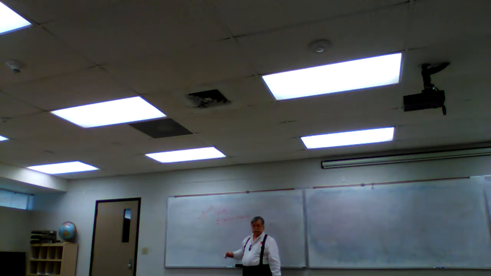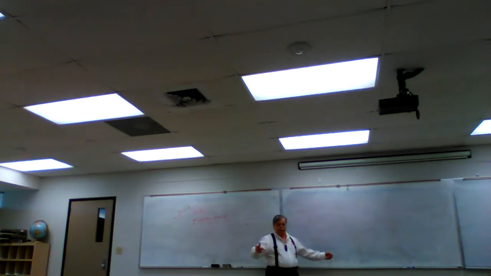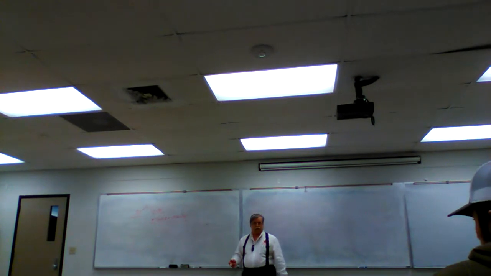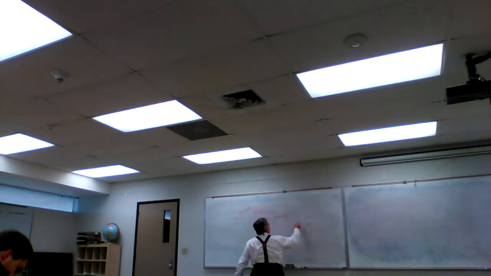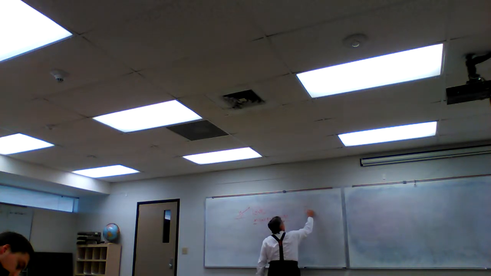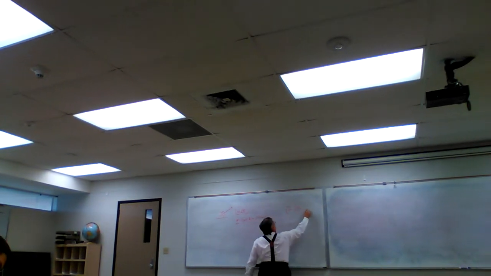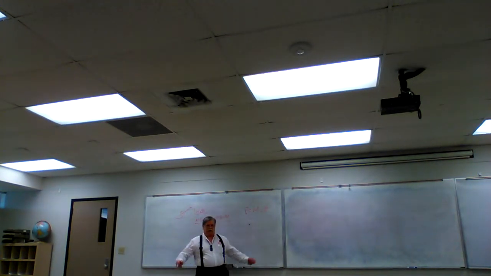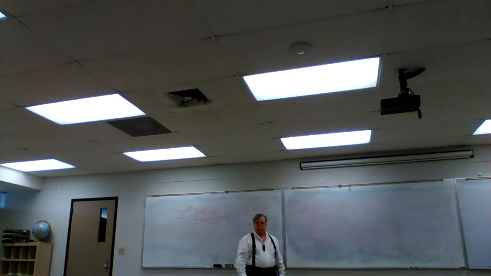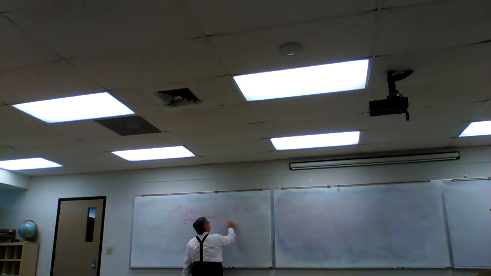Scaling a vector is simply a matter of multiplying the vector by a scalar value. So if you have a vector m at an angle of theta, and you want to make it 3 times as big, just multiply the magnitude by 3.